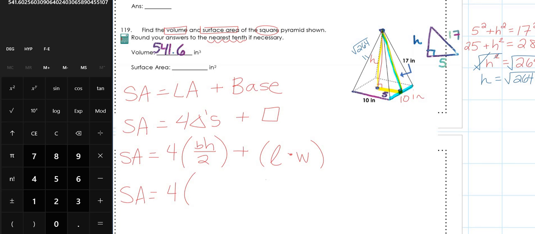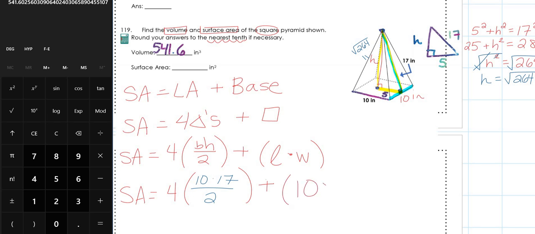So that 17 is going to be used now to figure out the lateral area, or the area of each one of the triangles. Okay, so let me plug in. I have 10 for my base times 17 for the height of the triangle, all over 2 to get the area of just one triangle. Okay, plus the area of the base, which is 10 by 10.